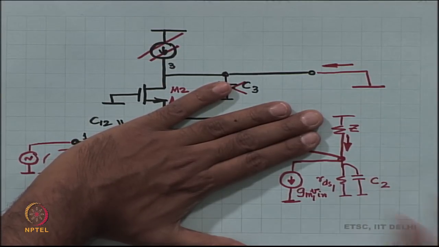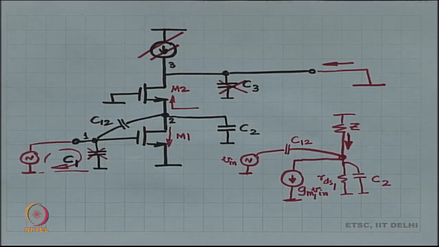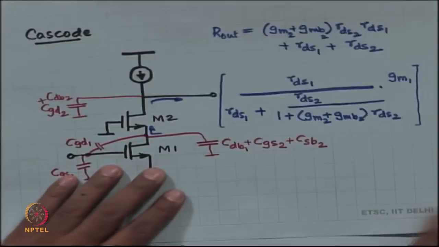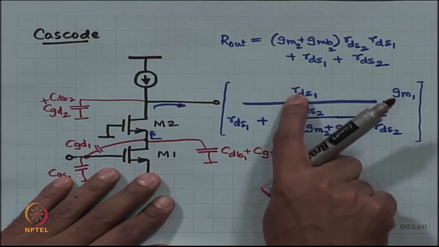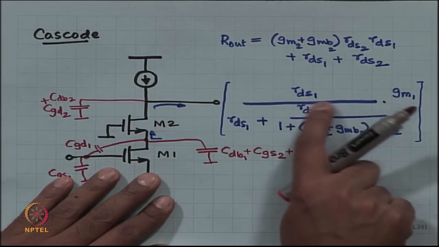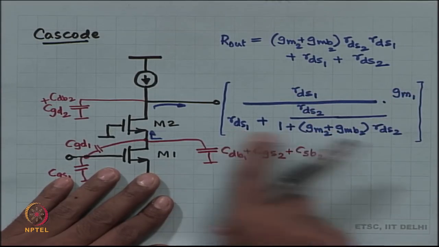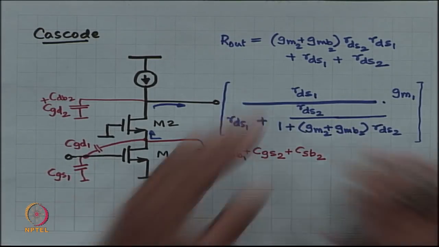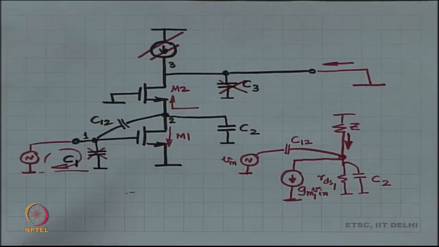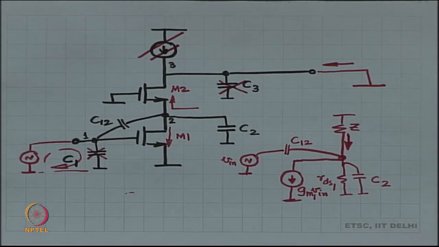You could combine RDS1 and C2 in parallel and then write out this expression. So, this is now going to become RDS1 in parallel with 1 by SC2, the rest of the stuff remains the same, and that will be your answer. So, if C12 had not been there, this is what would have happened.